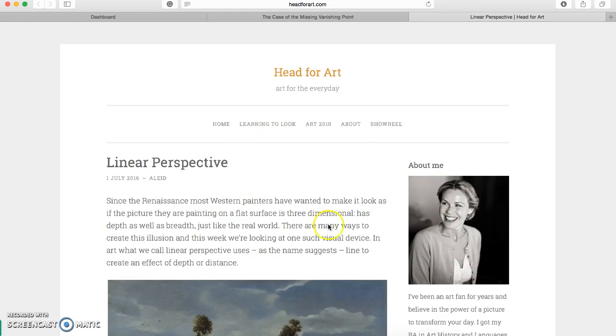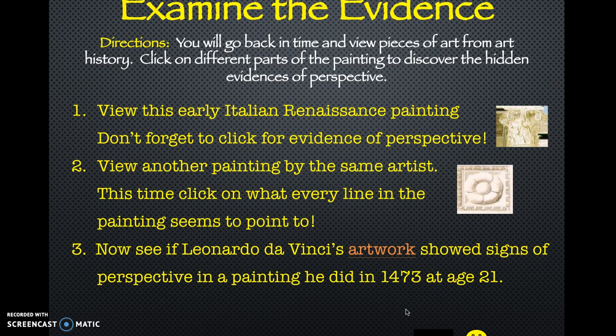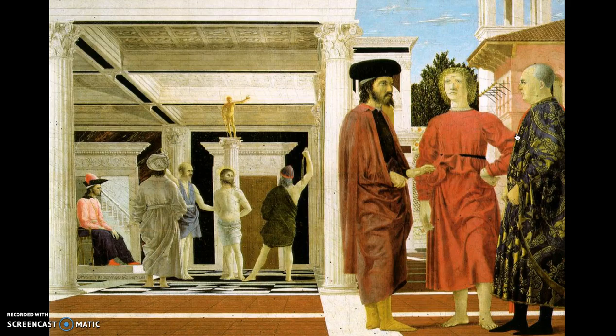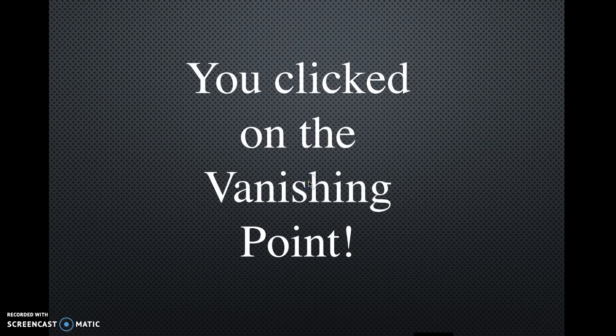which would take them to different websites that showed them examples of their vocabulary. Then they could look at evidence of 1 point perspective throughout history, and they could interact with different pieces of art so that they could see which points were which in the art itself.